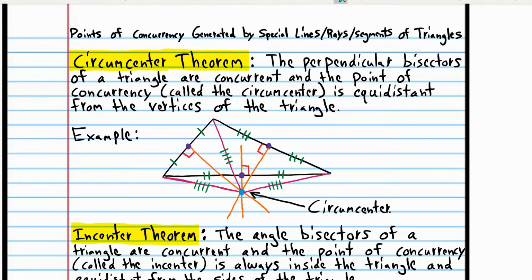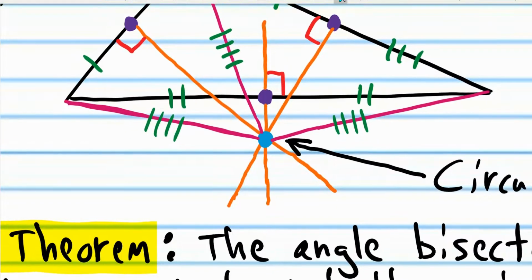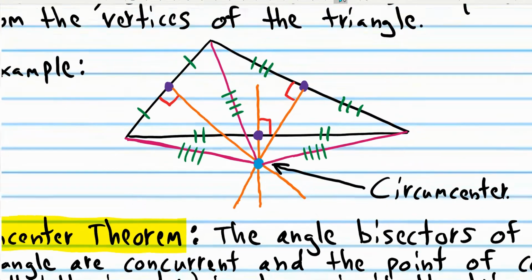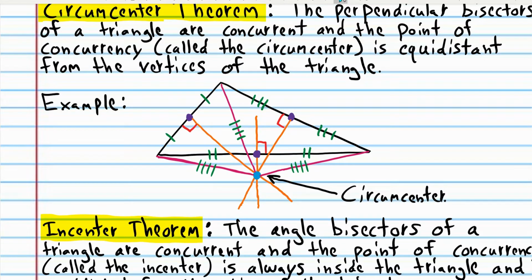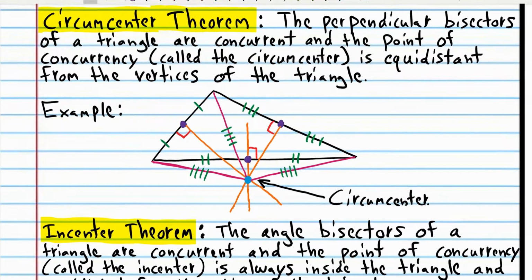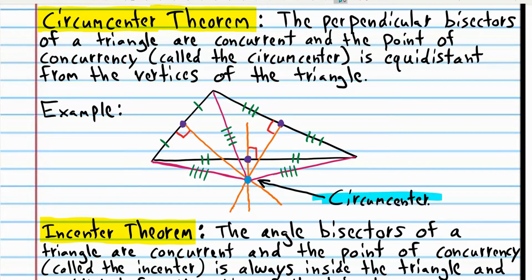What that means is they meet at the same point, and that just happens to be that little blue dot there. They all meet at that blue dot. So that is the Circumcenter Theorem. It says that those perpendicular bisectors of triangles are concurrent, and that point has a special name. It's called the circumcenter.